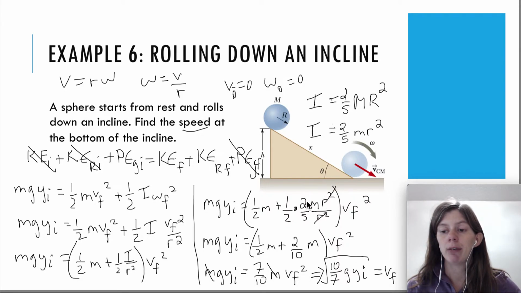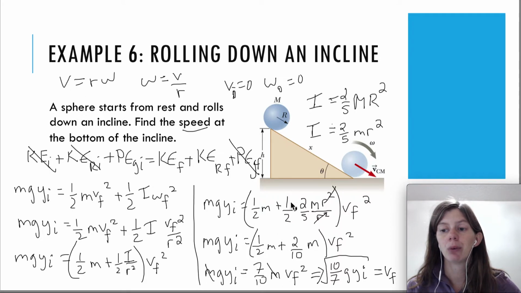So if this had been a different number, let's say that it was going to be a hollow sphere, then we would have put 2/3 here instead of 2/5. And it means that we would actually have ended up with a smaller speed at the end, because you see how it gets flipped here when you solve for v.